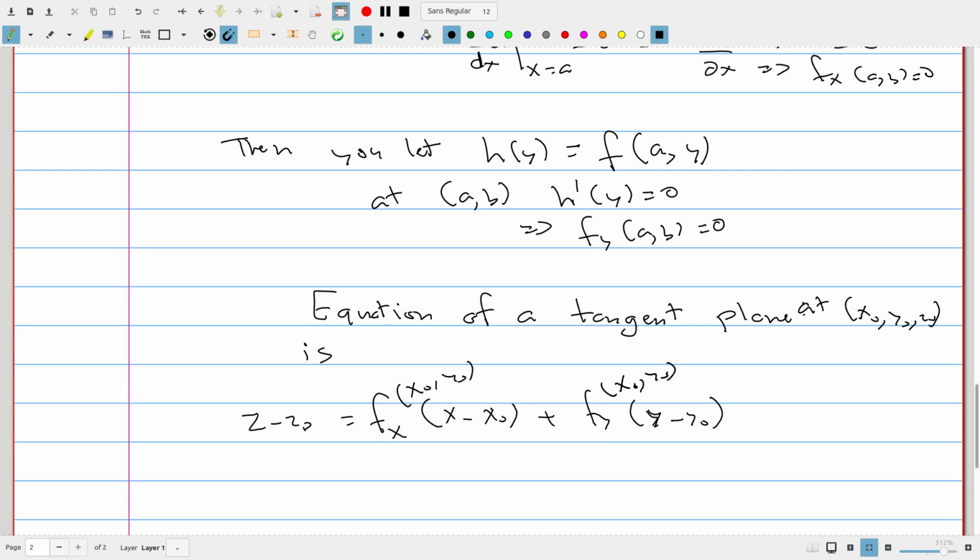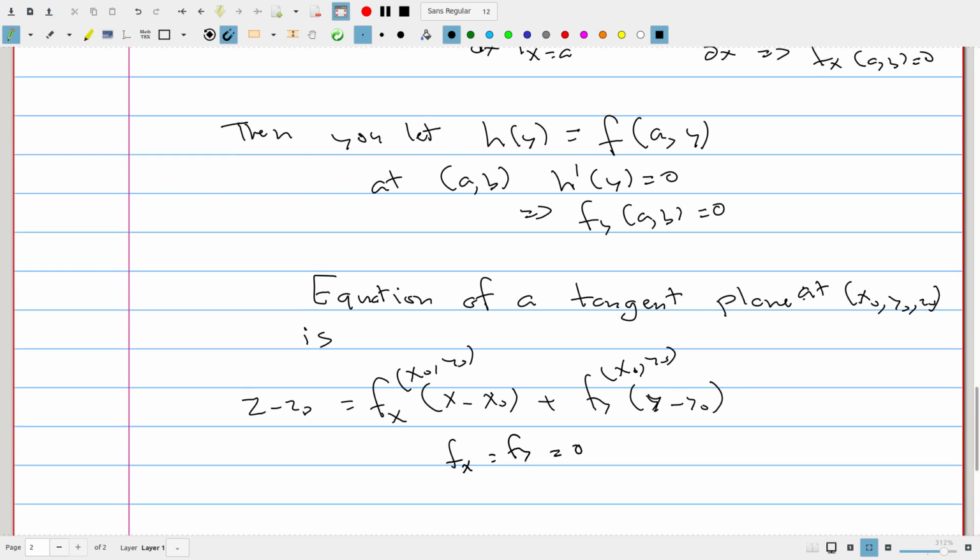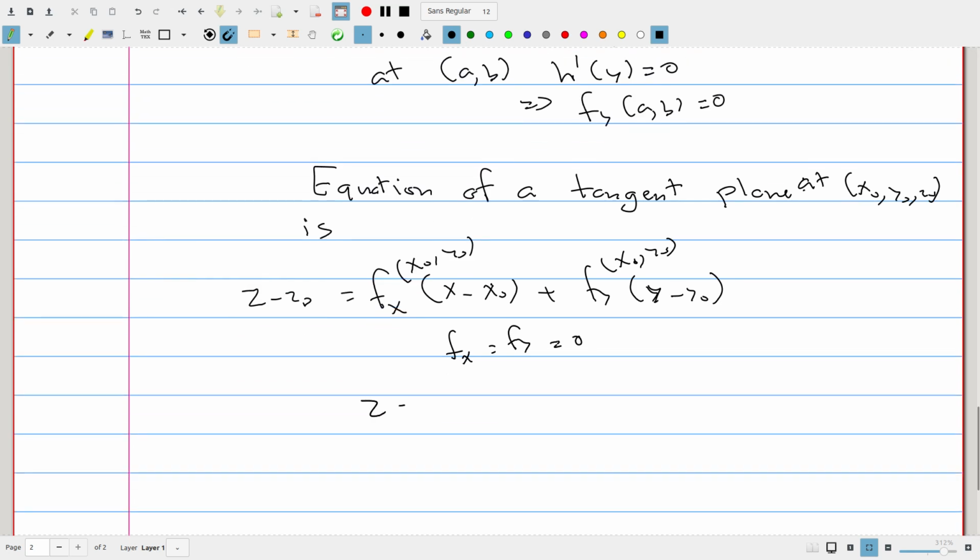Now if fx and fy are both 0, then z equals z naught. What does that mean geometrically?